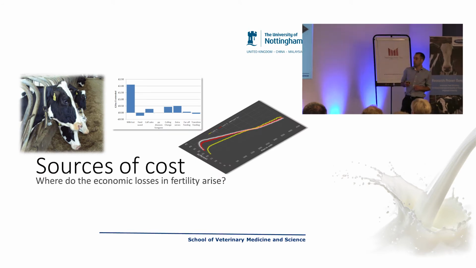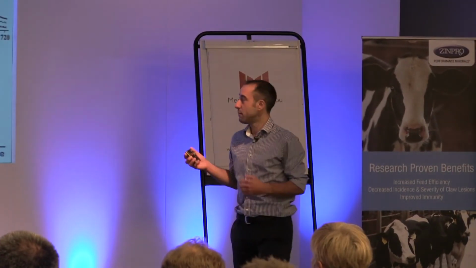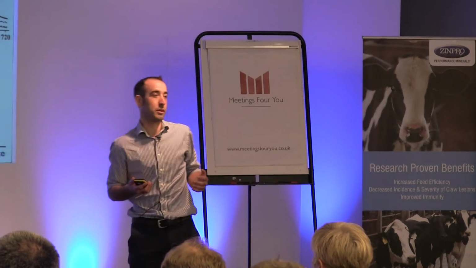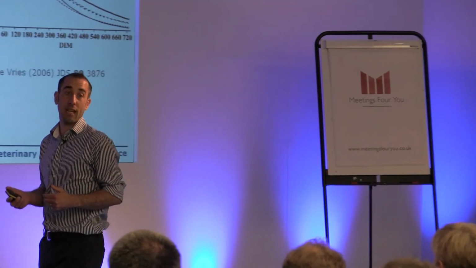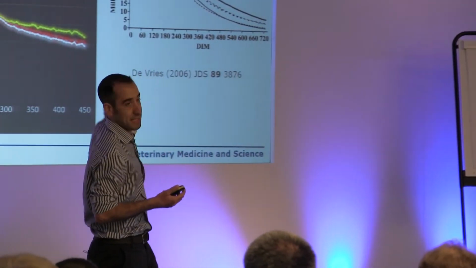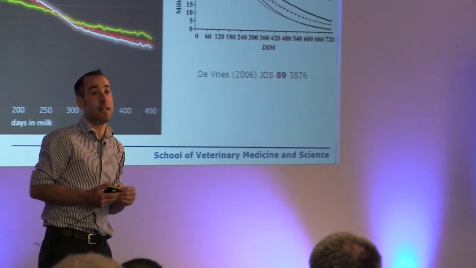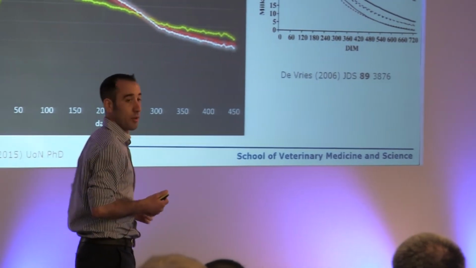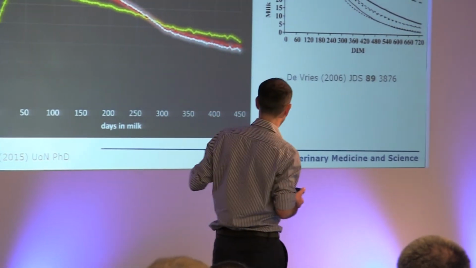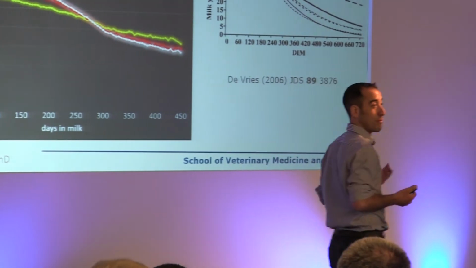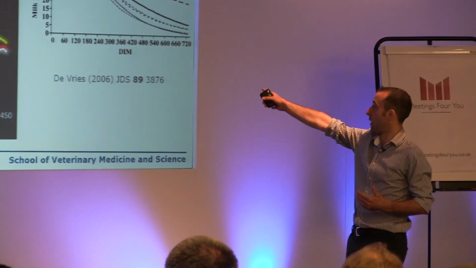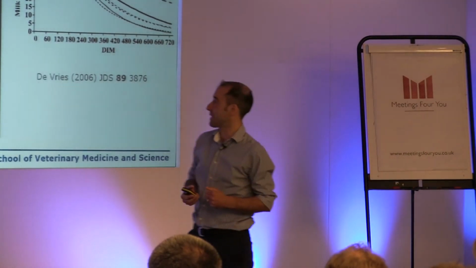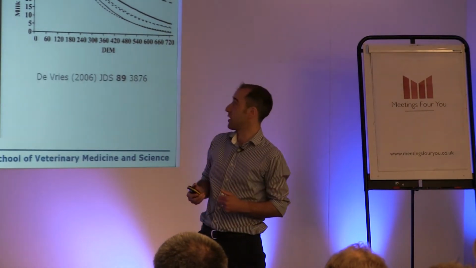So if we think about the sources of cost in terms of fertility, the most obvious one is really just lost milk. So the fundamental reason why we want to control the gap between calvings in our cows is the shape of the lactation curve. The left-hand graph there is data from 500-odd English and Welsh herds over most of the last decade. There are several million lactations included in that set of data. The yellow line on that graph is the average lactation curve shape for first lactation heifers.